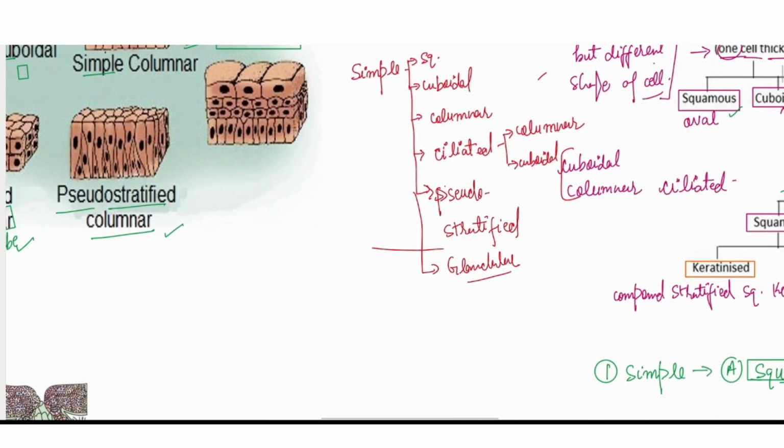One more thing we have seen in the glandular epithelium: two types of tissues again. Glandular epithelium may be of two types, based upon the structure or based upon the function. Based upon the structure, it would be more than one cell, or maybe a single cell.